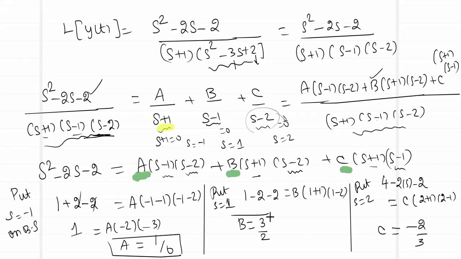Now we are almost done with our values. The next stage will be resubstituting these values back in the partial fraction for A, B and C. I know this is nothing but Laplace of y of t.